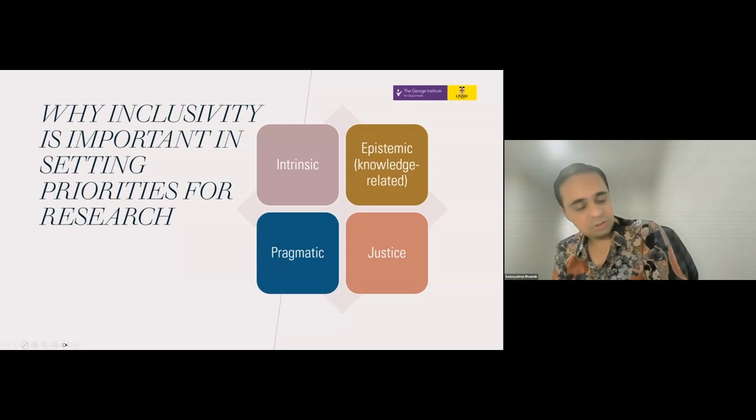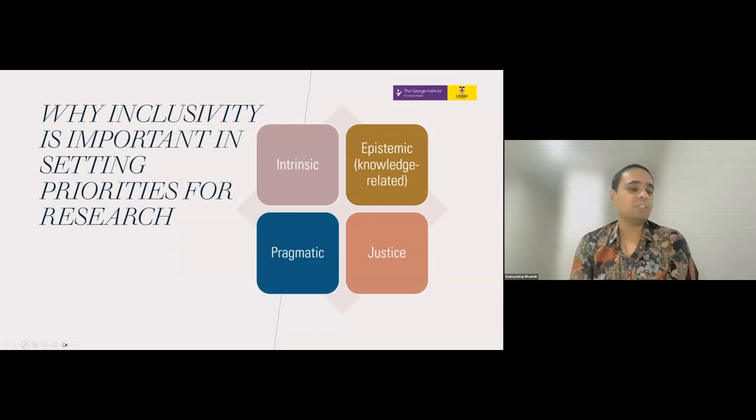There are also epistemic or knowledge related reasons, which is very similar to the pragmatic reasons, but it is more about how it can give a more robust set of priorities, how it can lead to identification of questions or priorities which have not been thought about because experts by design are not really working very close to the field or the communities.